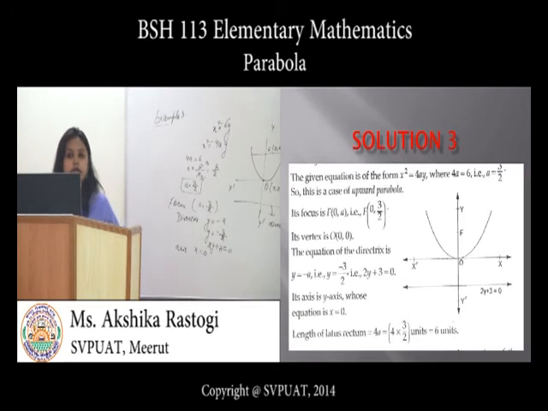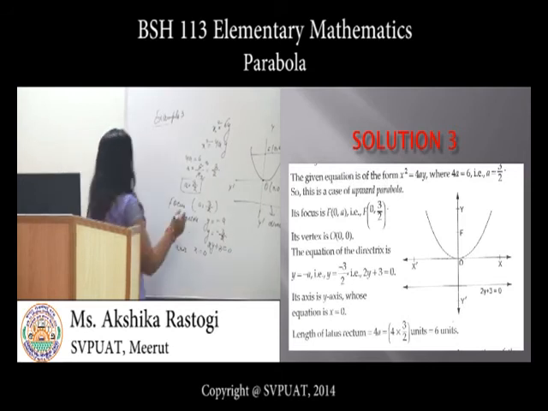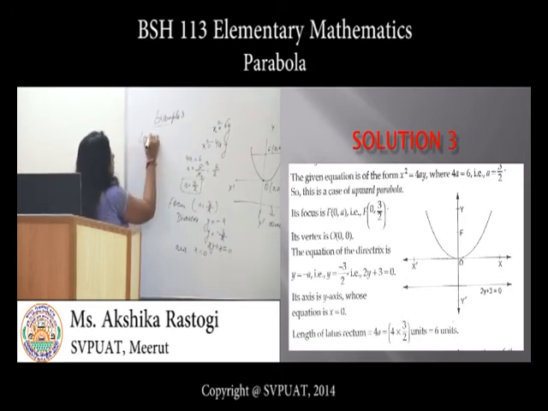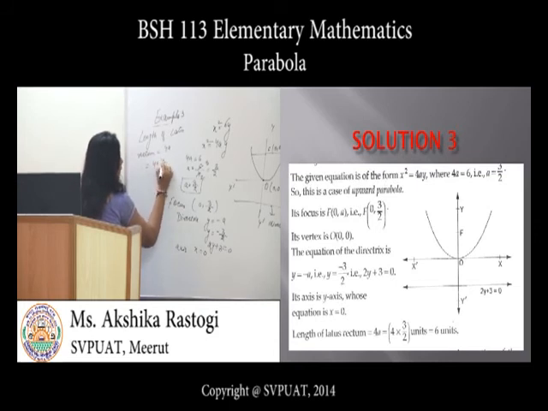And the length of the latus rectum. Length of the latus rectum is the same for each and every standard form. Length of latus rectum is 4a, 4 into a, we have calculated a as 3 upon 2.